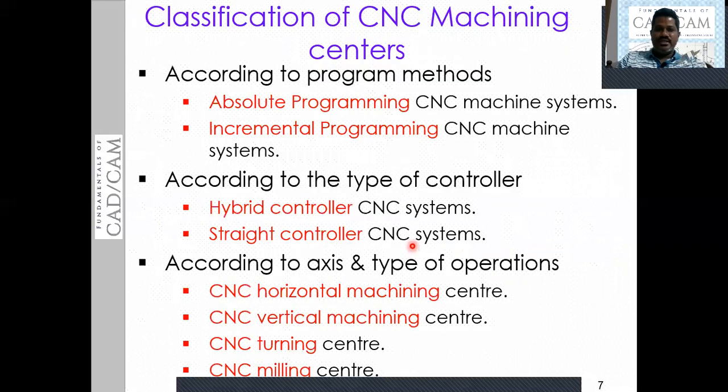Then we also discussed the classification of CNC machining centers, and how they are classified like NC machining centers. Most of the points are covered, since the classification of NC and CNC is somewhat similar, except for the programming method, which may be absolute or incremental.